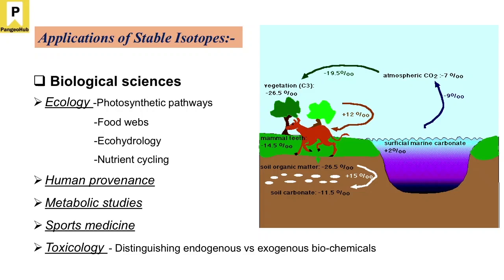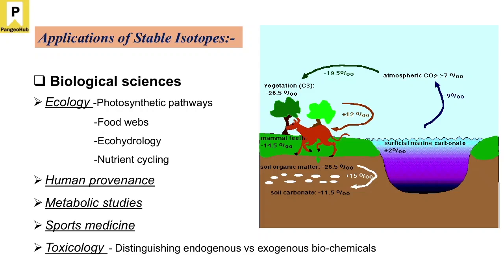Then there are metabolic studies. For example, in metabolic studies, the stable isotopes of hydrogen, carbon, nitrogen, and oxygen are used as tracers to describe body composition, utilization of dietary nutrients, incorporation of dietary nutrients into body constituents, and other quantitative characteristics of growth processes. Then there is the use of stable isotopes in sports medicine as well.